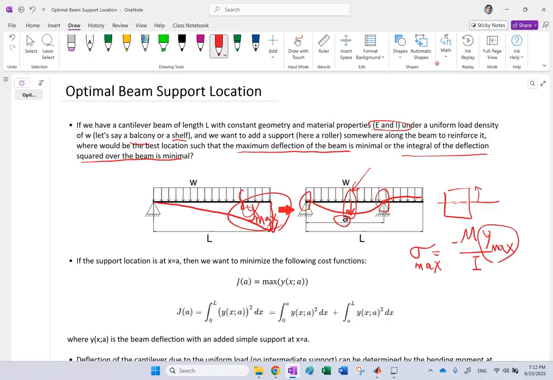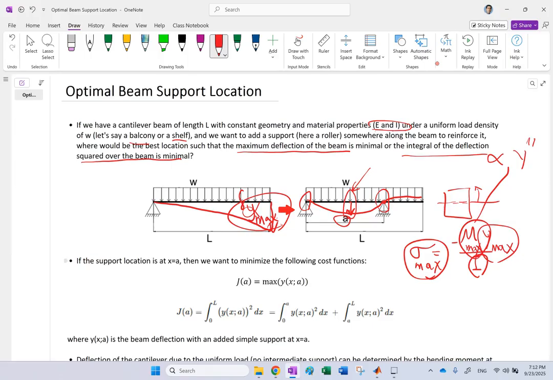That is really y max, which could be a constant number in this I. So really, maximum stress happens when the bending moment is maximum, not when Y is maximum. As you know, M is proportional to Y double prime. So really the place where the curvature is maximum is where stress is max, not where Y is.